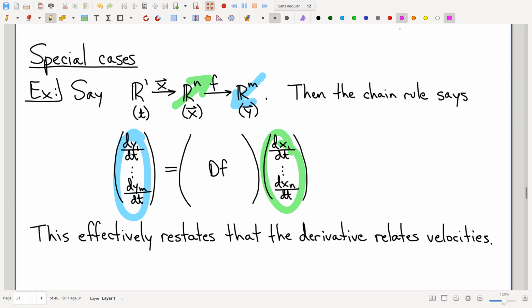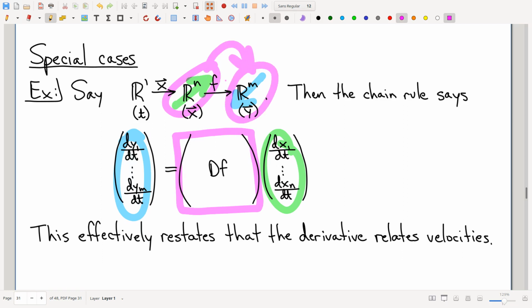And so what we recover, again something we already knew, is that the derivative matrix of f is just the factor you multiply by input velocities to get output velocities. Old news. The only thing that's new here is that what previously we would have called just an interpretation of the derivative matrix, we can now view as a special case of the chain rule.